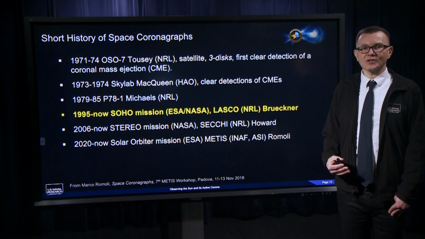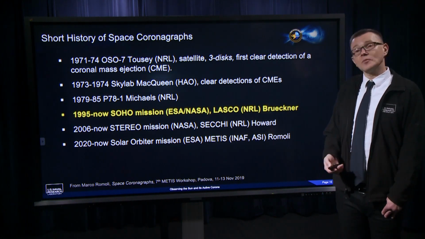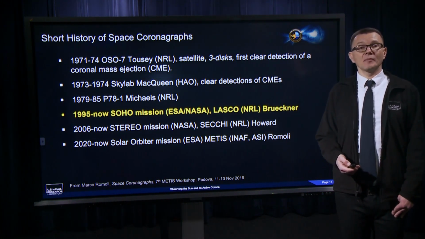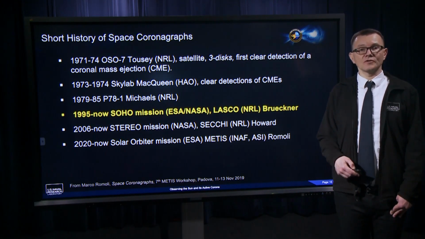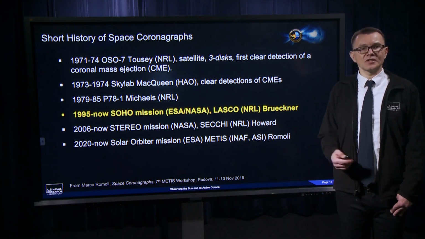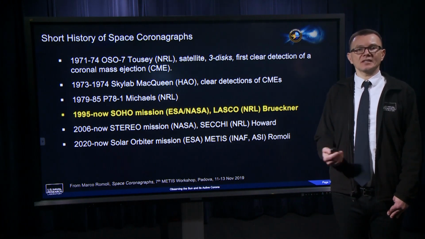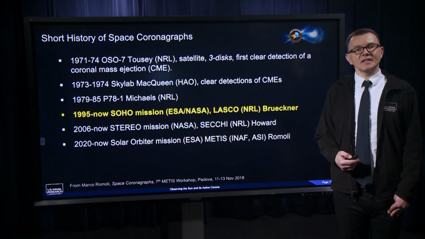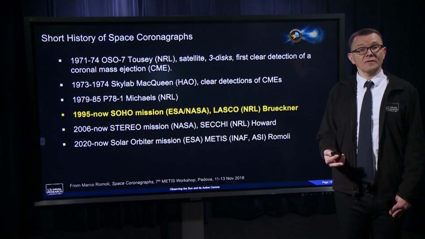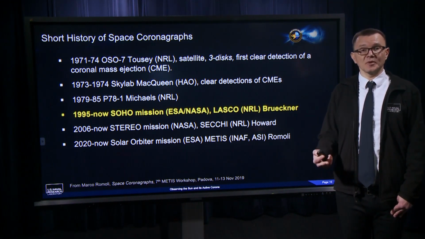Skipping some years ahead now, one breakthrough instrument by its image quality and longevity is the LASCO coronagraph on board of the SOHO mission. SOHO is a joint ESA and NASA mission, and it was launched at the end of 1995. The LASCO coronagraph is still functioning as we speak.